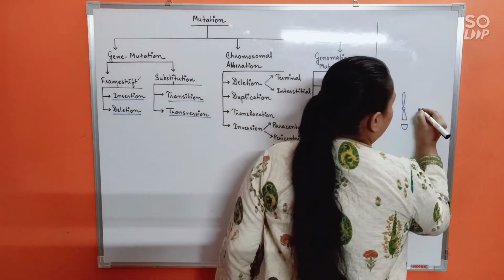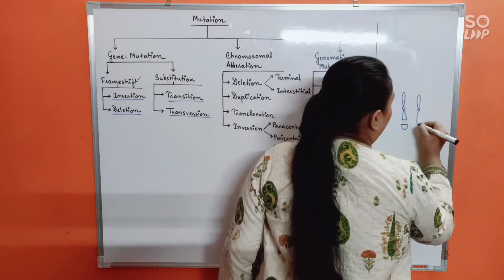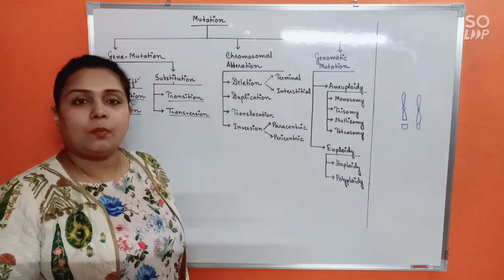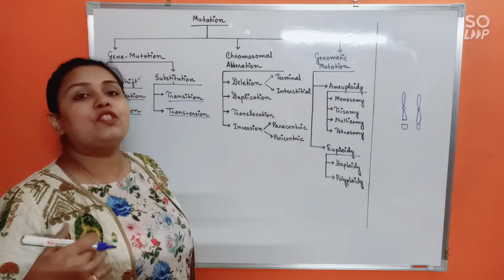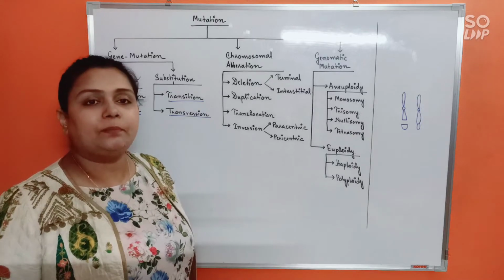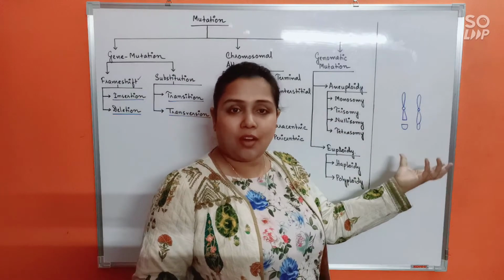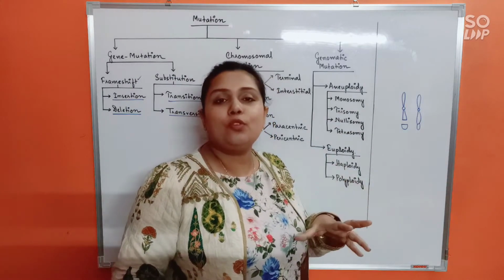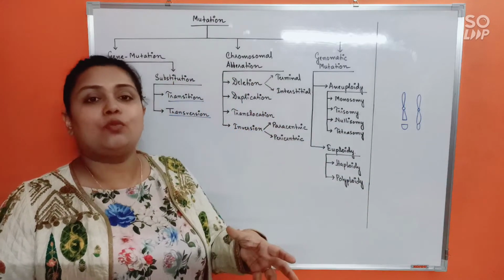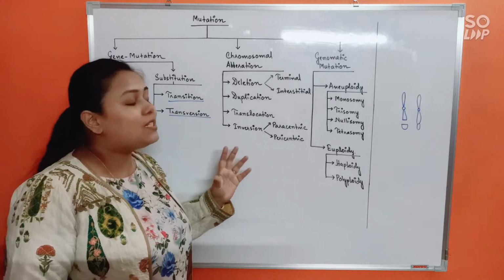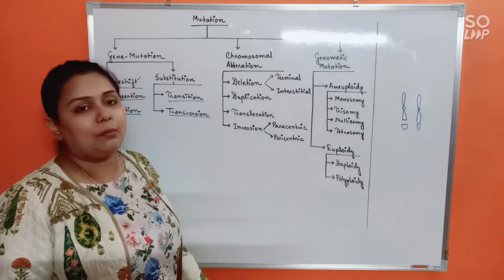Or else we can also say, suppose a part of the chromosome has doubled up. A part of the chromosome or the set of genes present in the chromosome have doubled up. That kind of change involves the whole chromosome structure, isn't it? So when the structure of the chromosome undergoes some change, we will call such mutation chromosomal aberration.